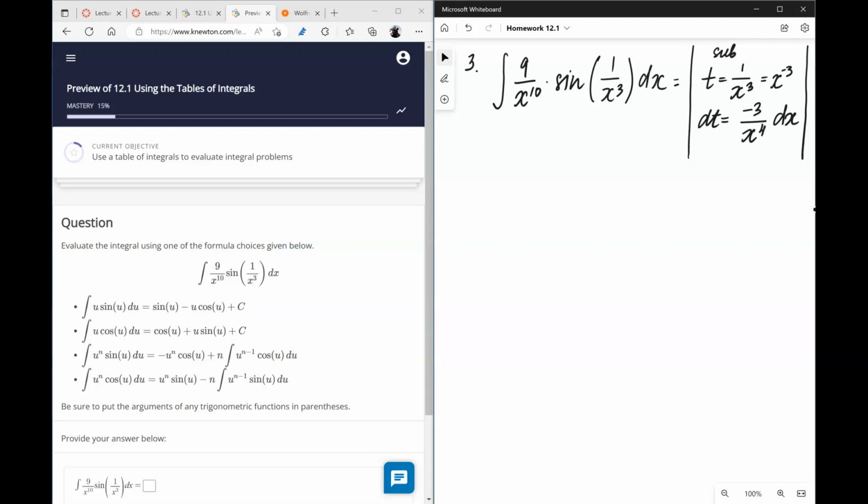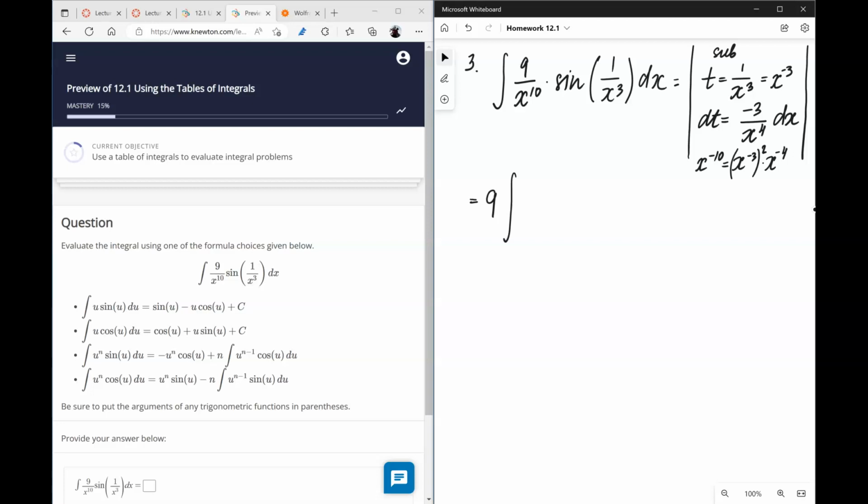And what we're going to do next is take out 9. Instead of x to the power negative 10, I'm going to write it as x to the power negative 3 squared times x to the power negative 4.